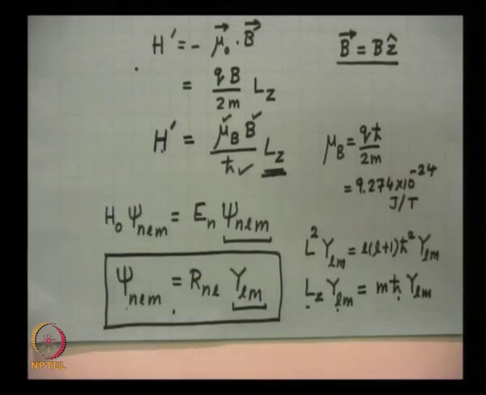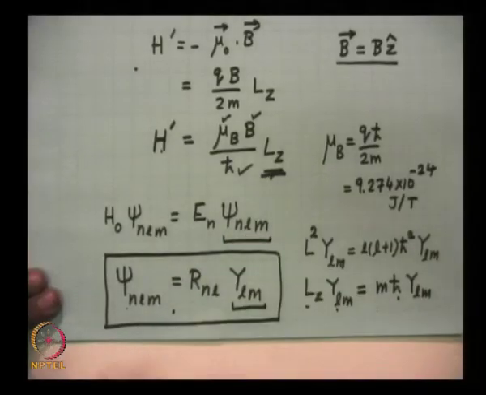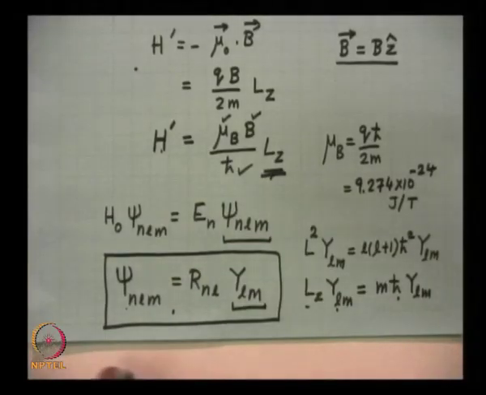with the orbital motion. If the spin term is 0, then my Hamiltonian is proportional to Lz, and fortunately we have a representation which is an eigenfunction of Lz, and so we have a representation in which H prime is diagonal.